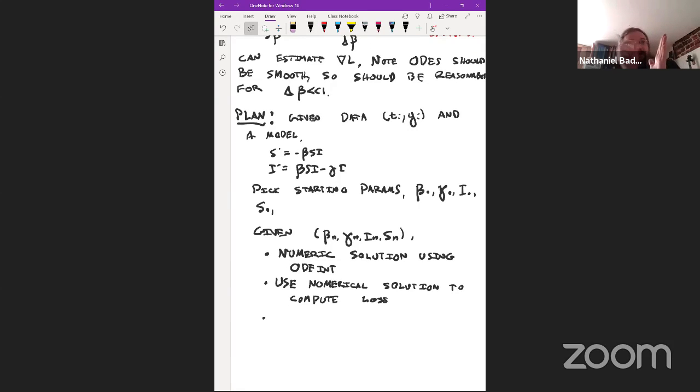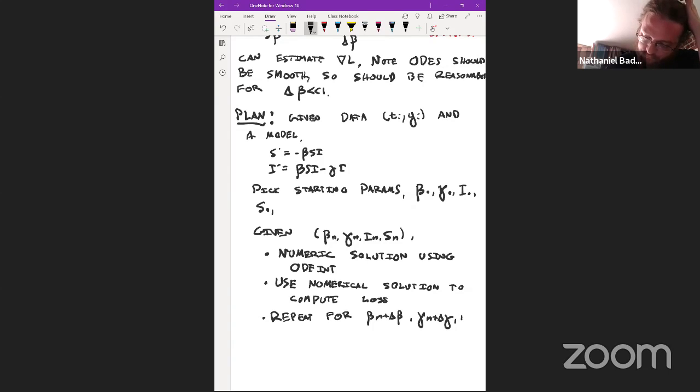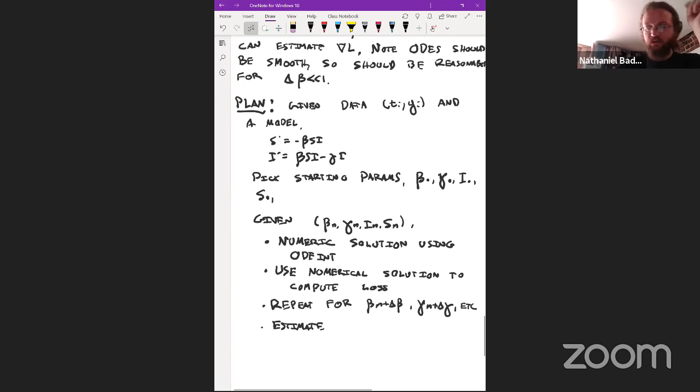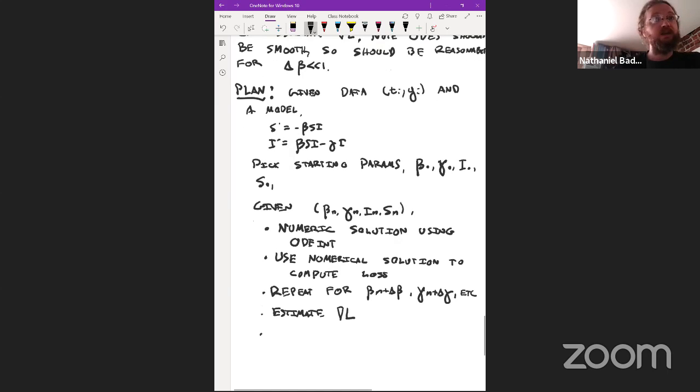Then we're going to repeat for slight shifts in each of the variables. Use those slight shifts to estimate the gradient of the loss function, and then use gradient descent.